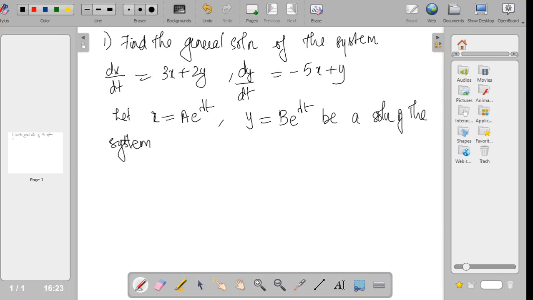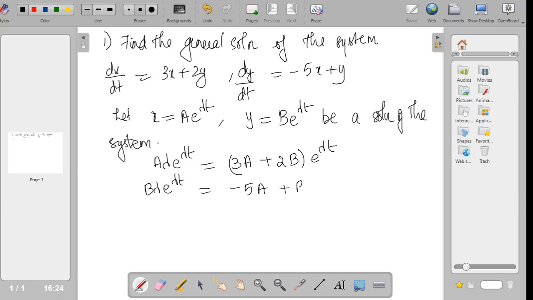So substituting x and y, we will get a lambda e raised to lambda t equal to 3a plus 2b e raised to lambda t, and the second equation we will get b lambda e raised to lambda t equal to minus 5a plus b e raised to lambda t.